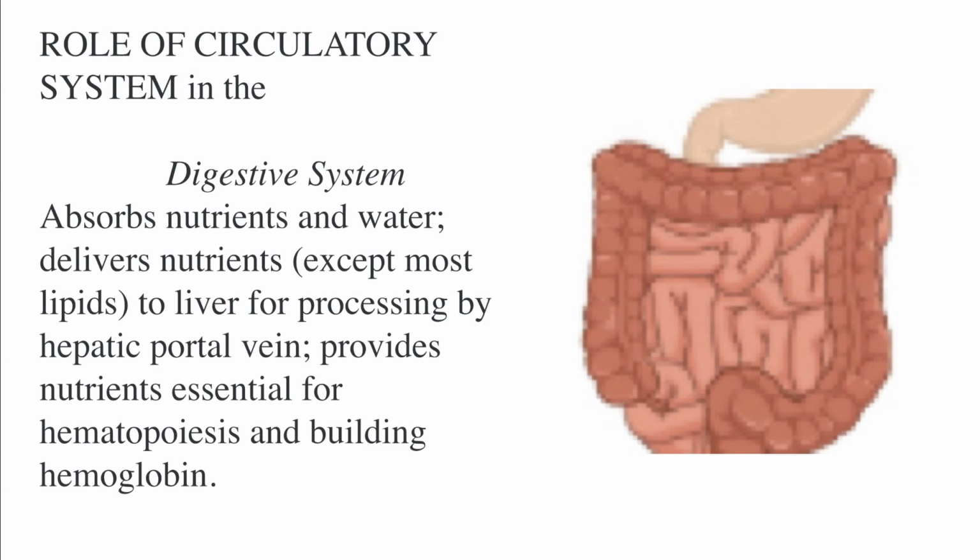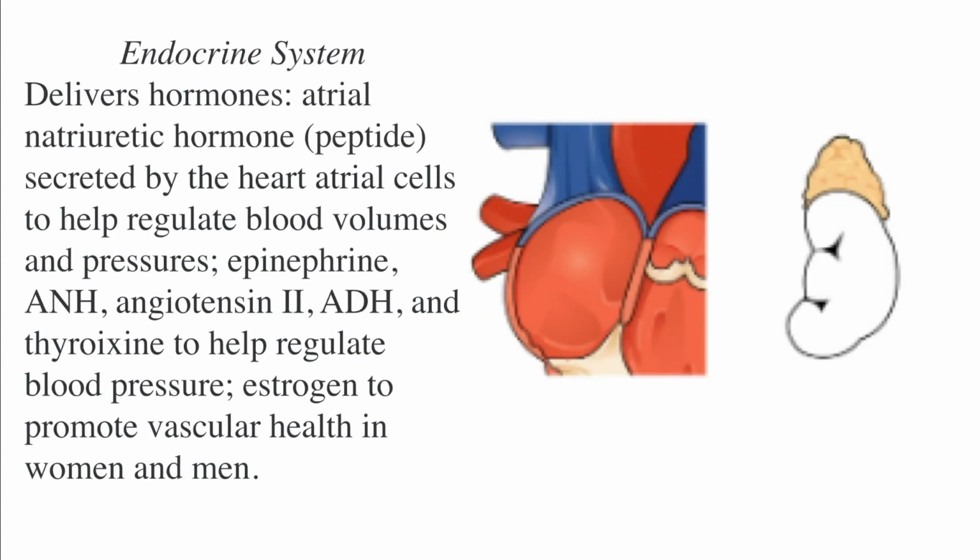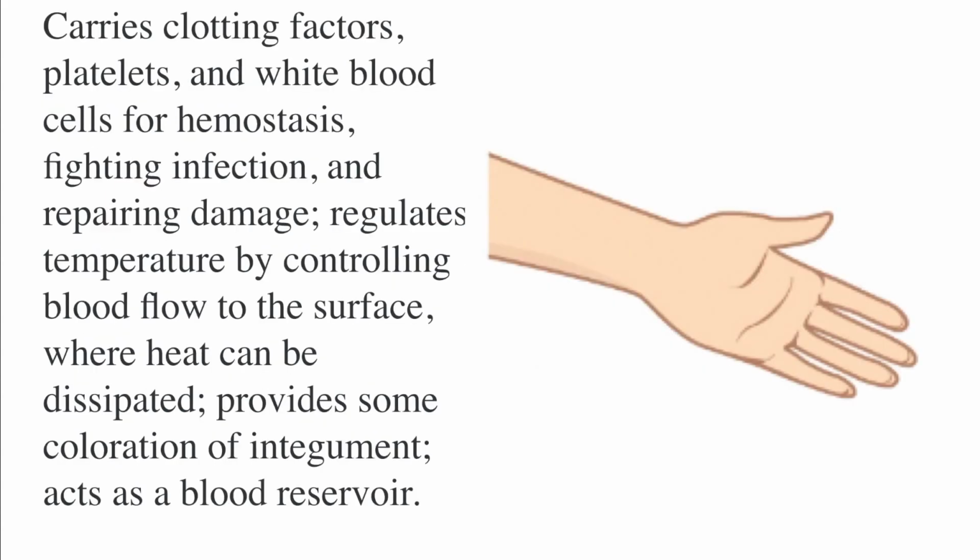Leukocytes. Leukocytes protect the body against invading microorganisms and body cells with mutated DNA, and they clean up debris. Thus, they are a major component of the body's defenses against disease.